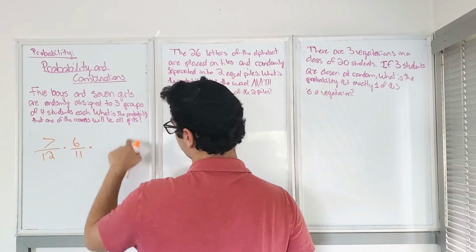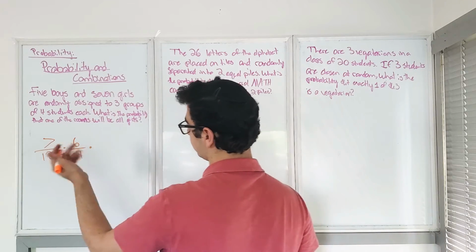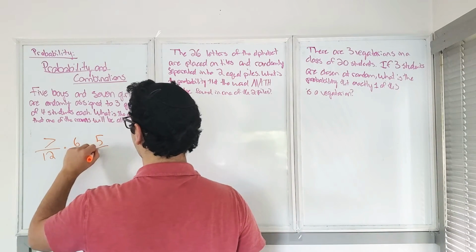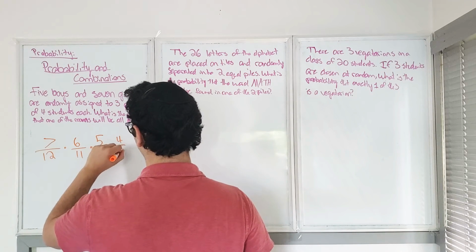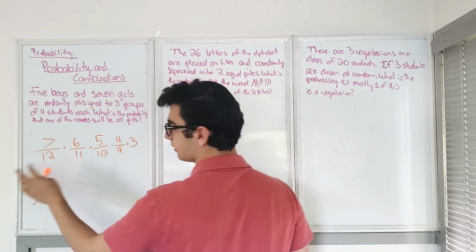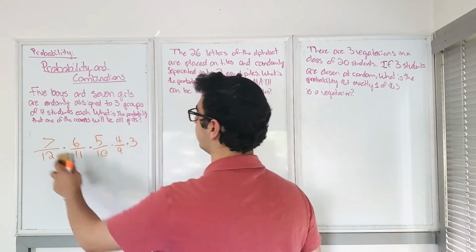There's 6 girls that could go in over the 11 total people because there's also 5 guys. And then we're choosing 4, so we keep on going down like that, and then we're going to multiply by 3 because of the order. That's another way to solve it. You're going to get the same answer either way.